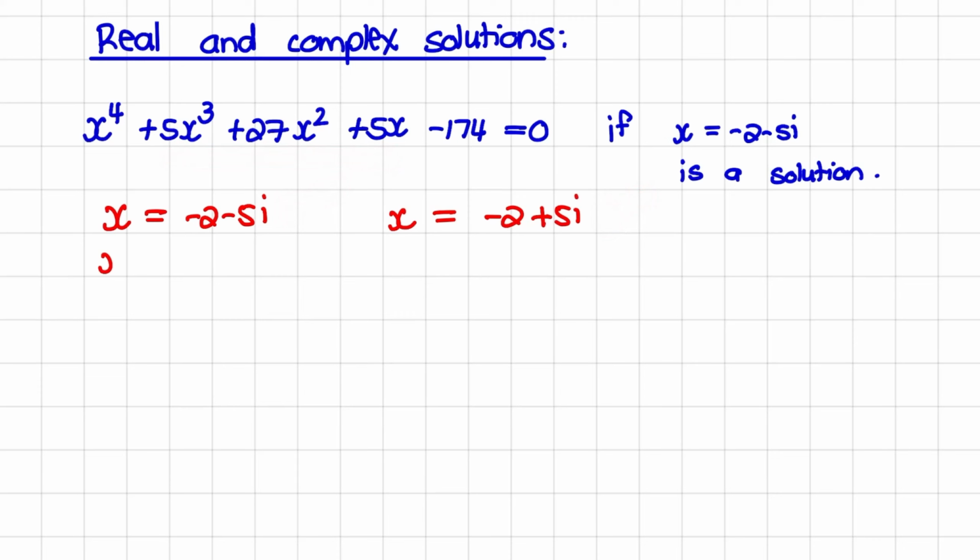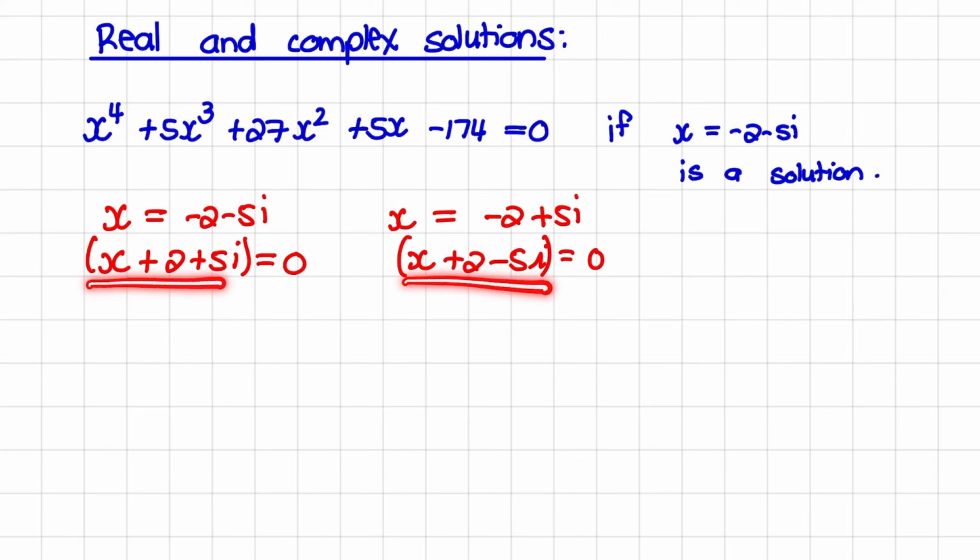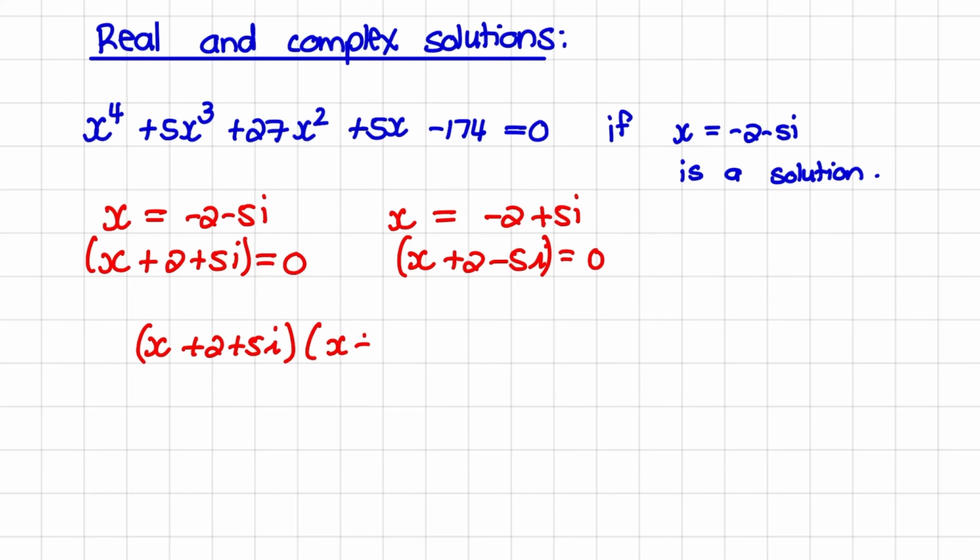Now what we can do is rewrite these solutions in standard form, meaning set them equal to 0. And that will help us to identify two sets of brackets that we would need for this equation. So I can multiply out that solution, which is (x + 2 + 5i)(x + 2 - 5i).